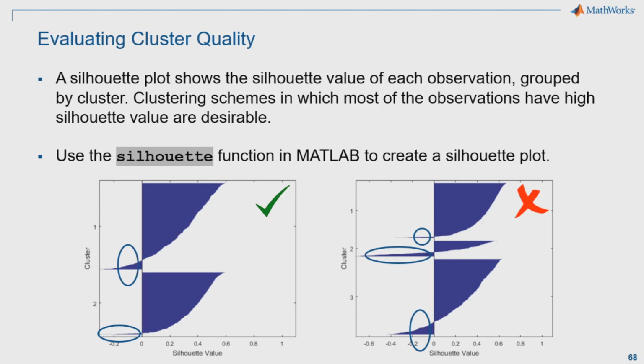In this case, we run the silhouette function to evaluate the cluster quality on the same data set, using the first time k-means with k equal to 2, so to recognize just two clusters, and the second time we run k-means again but with k equal to 3 to recognize 3 clusters. And you can understand that in this case we would prefer to recognize 2 clusters instead of 3.